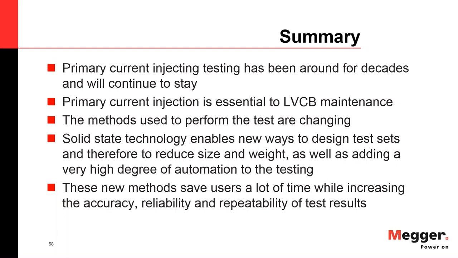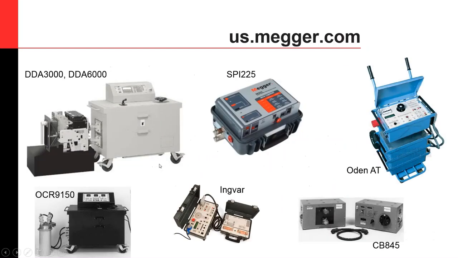The test results will be much more reliable, and the repeatability will be dramatically increased, so that it doesn't matter what technician is doing the test, and it doesn't matter if one has glasses or the other one doesn't, or all of these factors that can influence just the reading of a paper curve. All of that will go away with the software because the software is taking care of that. Now, this is pretty much it for the primary testing.